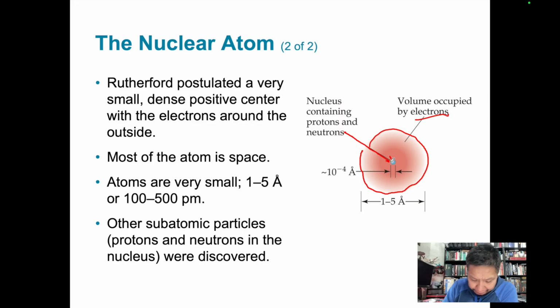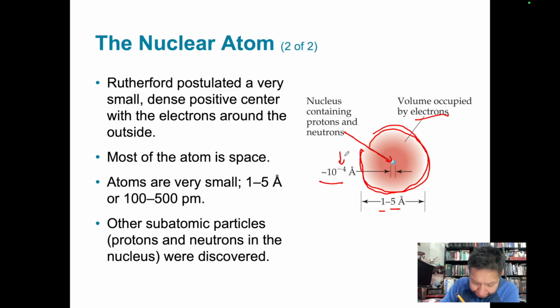This is crazy, right? Because this entire atom itself is anywhere between 1 to 5 angstroms. That's a very, very small unit, okay? We'll talk about angstroms later. But the actual diameter of the nucleus is 10 to the negative 4 angstroms.